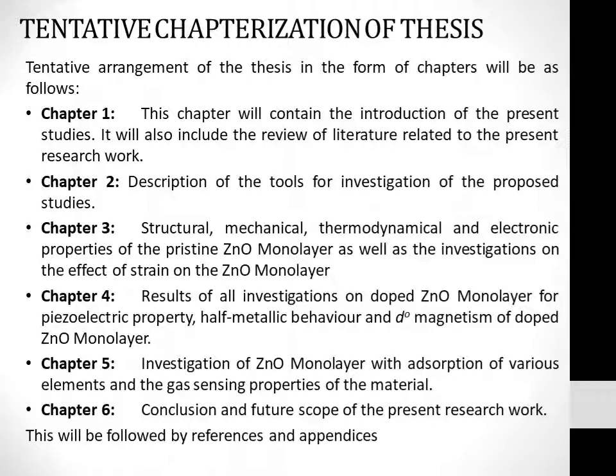This will give valuable information on the piezoelectric property, half metallic behavior, and magnetism of doped ZnO monolayer. Chapter 5 will then contain the investigations of ZnO monolayer with adsorption of various elements and shall also include the gas sensing properties of the materials. And in the last chapter, chapter 6, it will contain the conclusion and the future scope of the present research work. This will be followed by references and appendices.